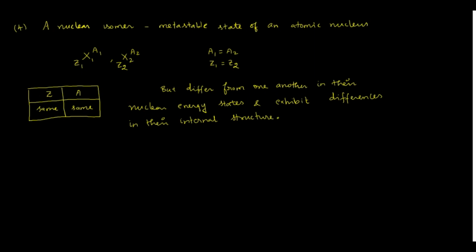Now, how can we distinguish these two species, because they have the same A and the same Z? These nuclei are distinguished by their different lifetimes.